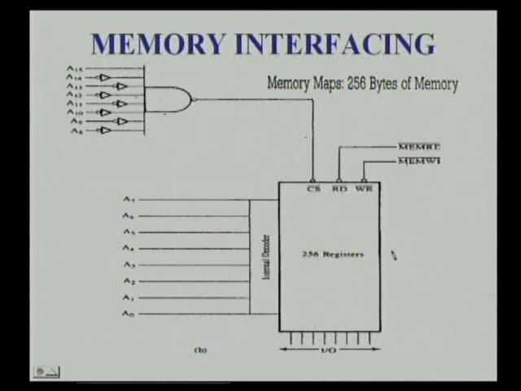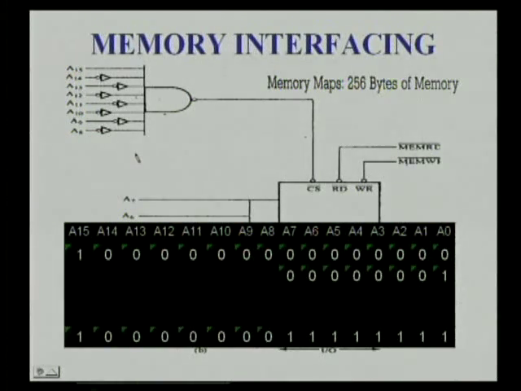Let us see another diagram. In this case, it is very similar to the previous one, except A15 is connected to the NAND gate without an inverter, directly, hence its memory map will change. Let us study it. For identifying its memory, see, A15 now has become 1, so its higher order nibble will be 8, and the next nibbles will be 0, 0, 0.